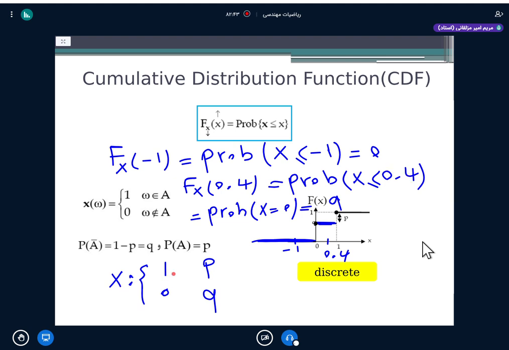But if it takes the value 1, it's not less than 0.4. So this probability is equal to the probability that the random variable is 0, which is Q. So the CDF at this point is equal to Q. Okay?